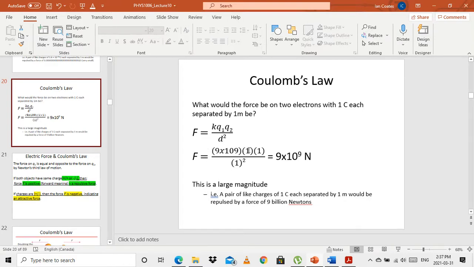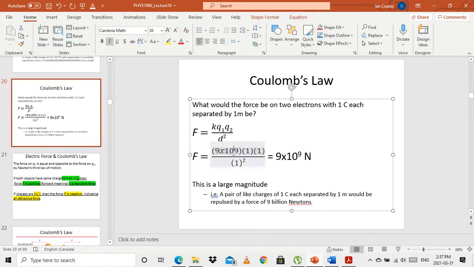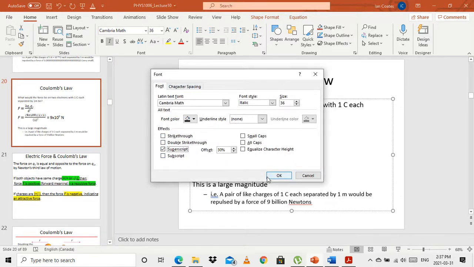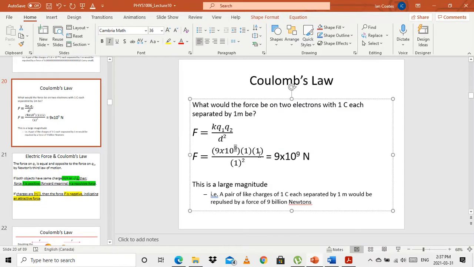There's your K value, my charges of 1 and 1 coulomb, and my distance, 1 meter squared. That's the force acting on them: 9 billion newtons. Just ridiculous. So, good, that's what we're talking about there.